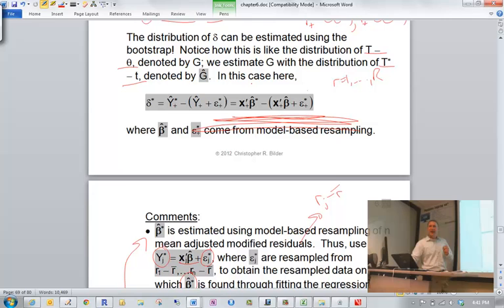For one resample size n, you can calculate beta hat star. Then take another resample size 1 to get the epsilon star. Repeat this process capital R times. Is everyone clear about that?